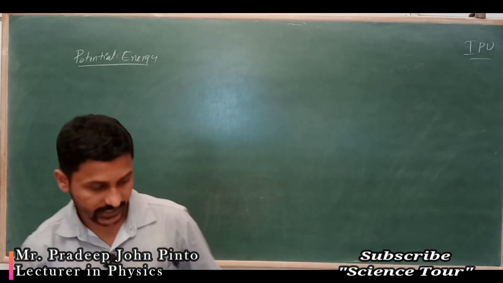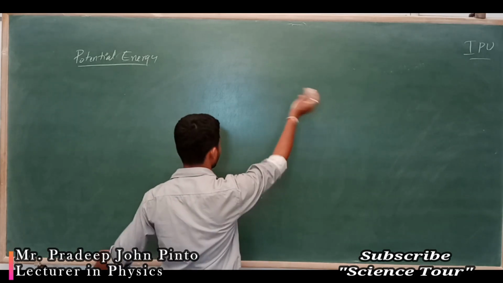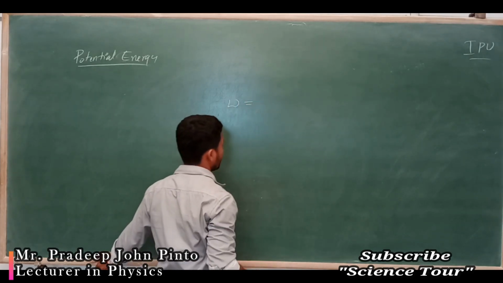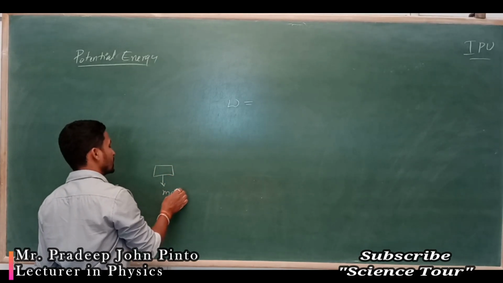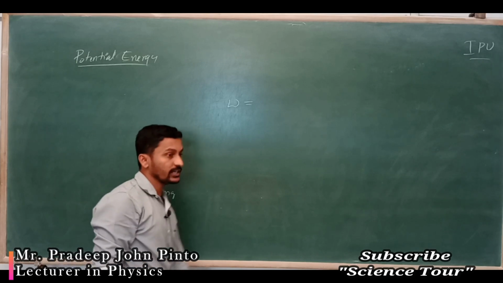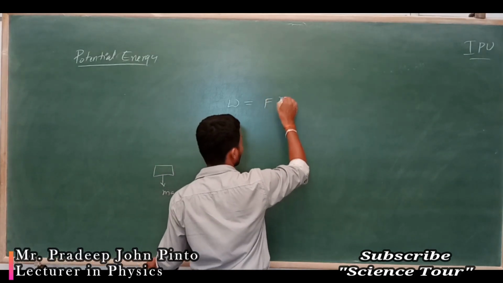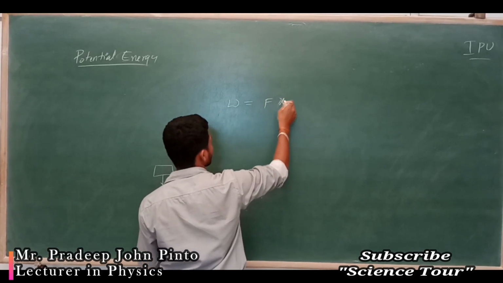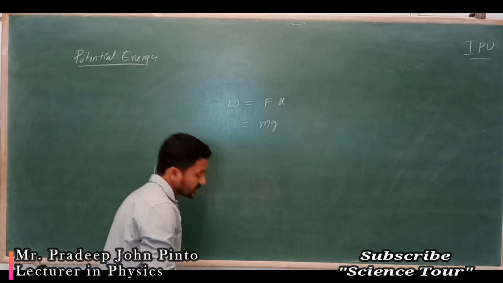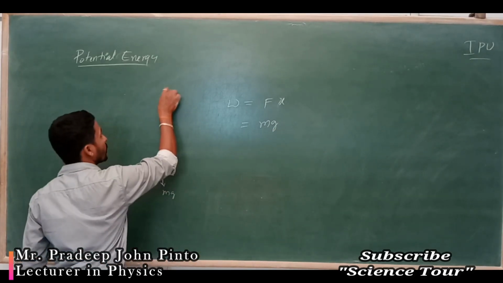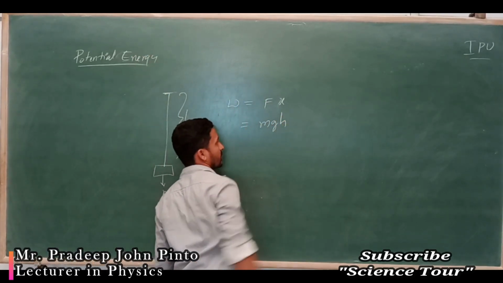Now what is potential energy? It is nothing but the work done by the external force. If an object is there, the force acting on it is mg, its weight. If I have to lift that object, I have to apply mg amount of force, and work is force into displacement. If I lift it for a distance h, the displacement becomes h.